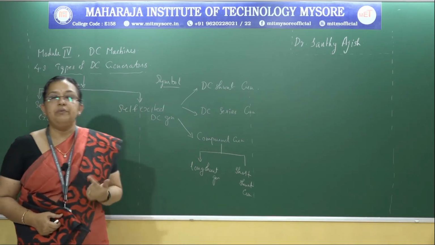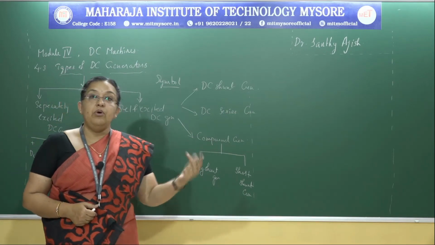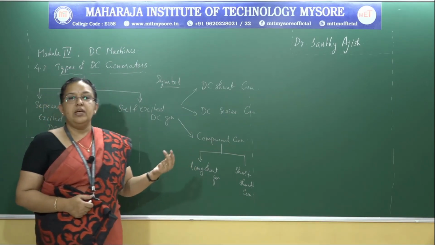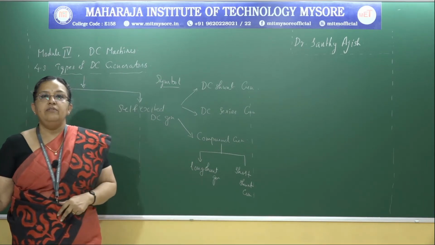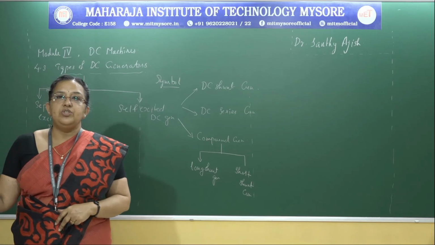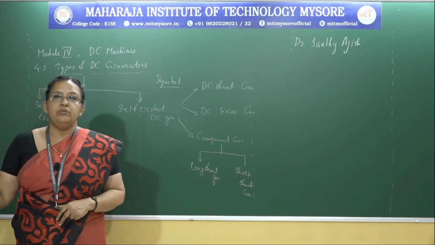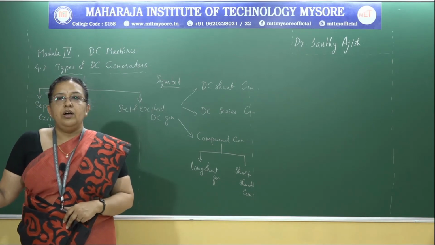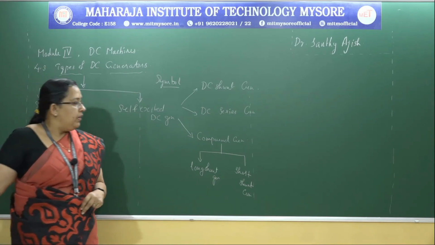So what is the requirement of two field windings? It is to create more magnetic flux. That means the EMF induced also will be very high. So wherever we require a very high voltage to be induced, in such cases we will make use of compound winding. So two field windings will produce the magnetic flux.